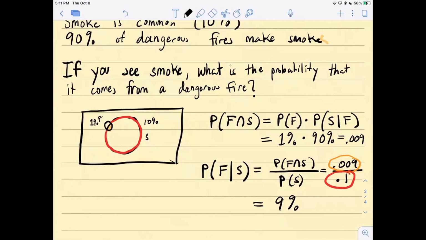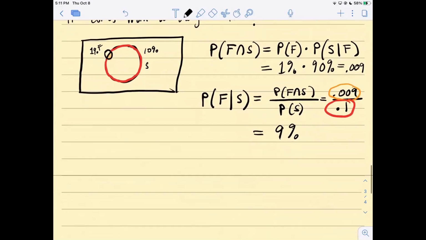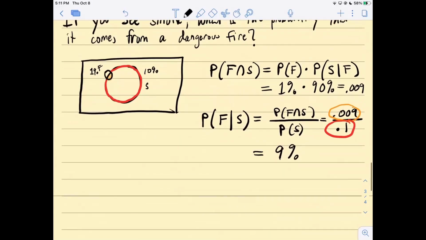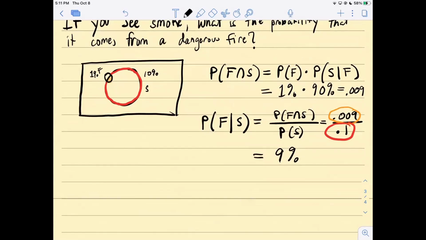The foundation of Bayes' theorem is this idea that given one conditional probability and the information about each probability separately, you can switch the condition. So you can switch A given B to B given A.